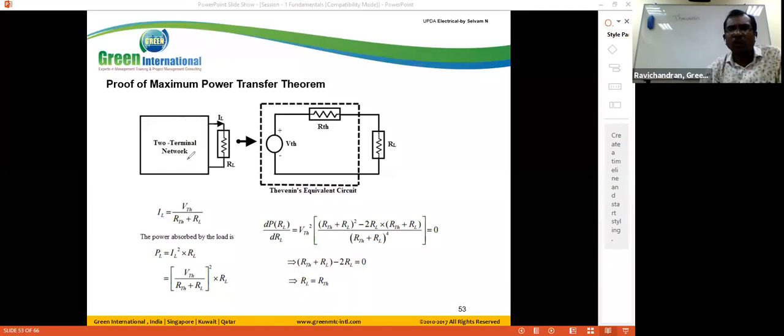This complex two terminal network is converted to a simple network with VTH and RTH and the load resistance. So from this circuit, IL is equal to VTH by RTH plus RL.